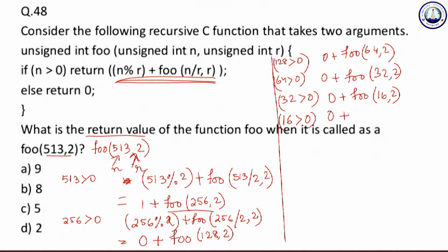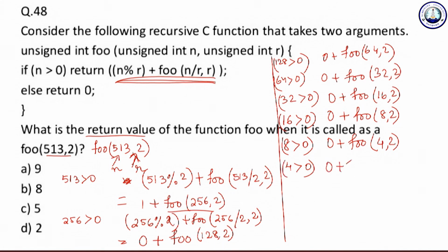Then 16 greater than 0, 0 plus foo of 8, 2. 8 greater than 0, 0 plus foo of 4, 2. Then 4 greater than 0, 0 plus foo of 2, 2.